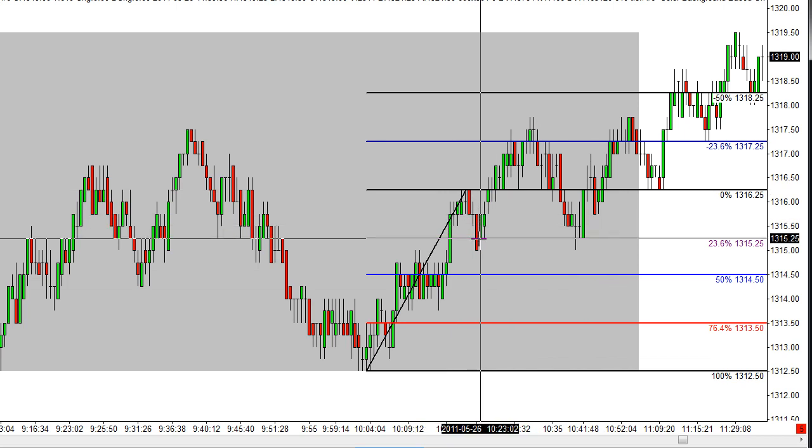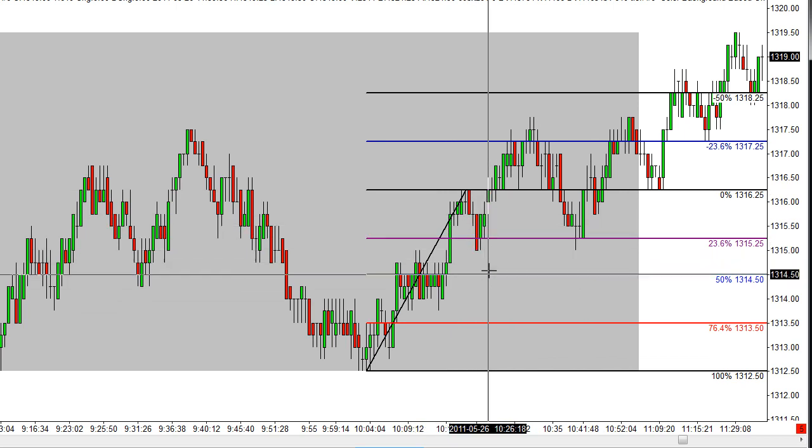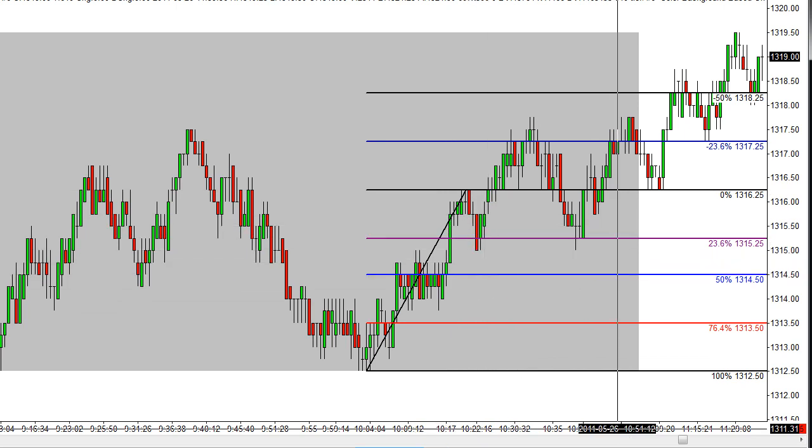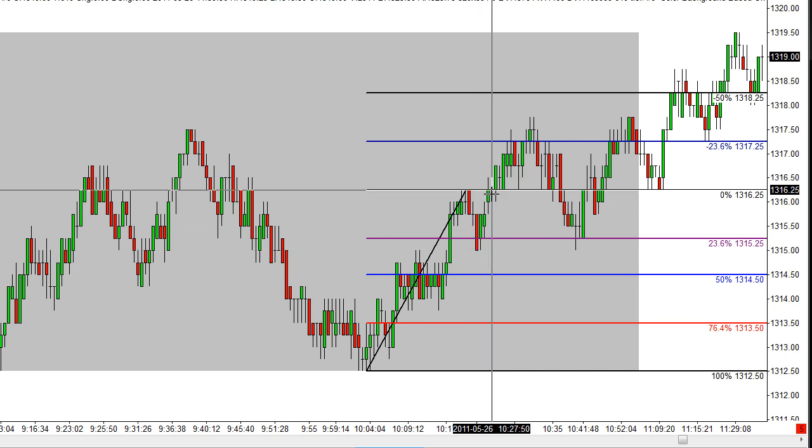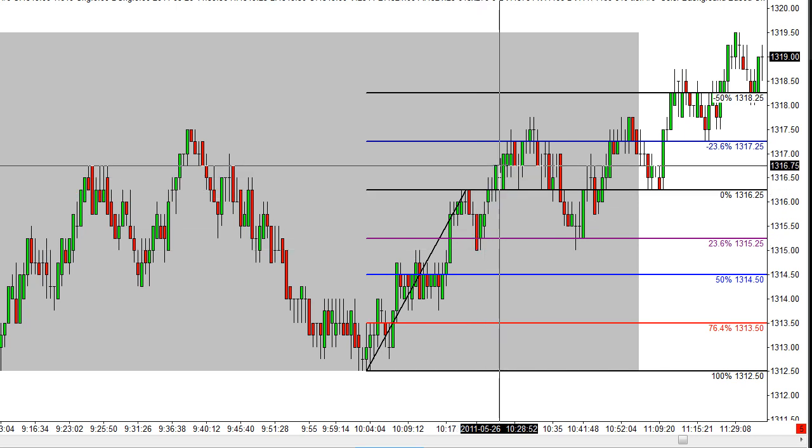As you can see, price retraced, didn't get quite to the 50% retracement line, and then it breaks the 0% line and gets to at least or past half the distance between the 0% and negative 23.6%, which in this case it does.